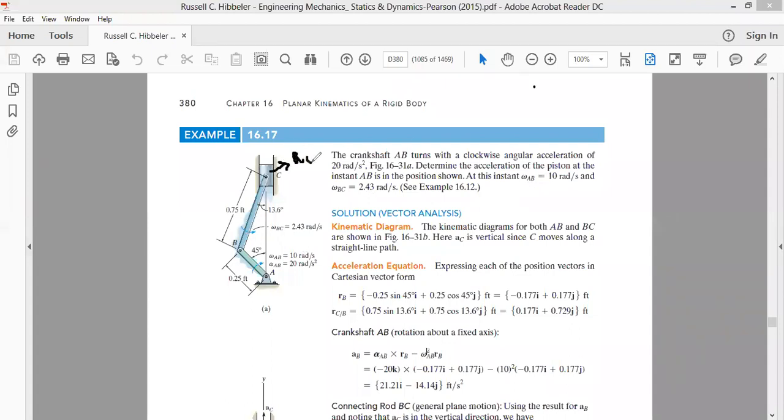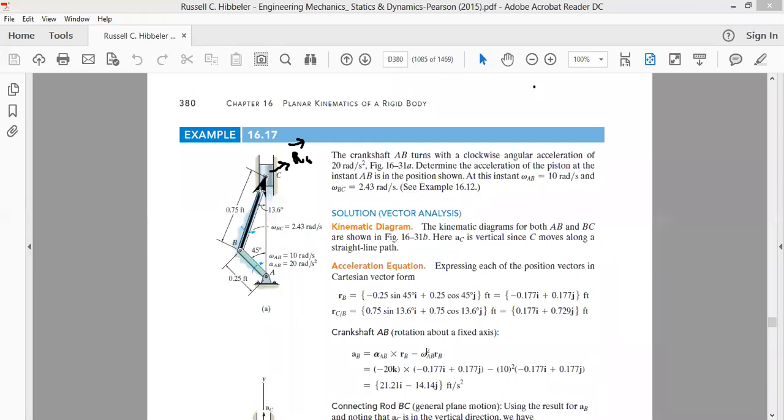In order to find the acceleration of C, we will locate a point adjacent to point C. We will draw the vector to point C from point B, like this.